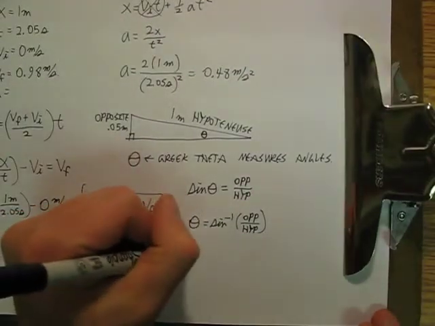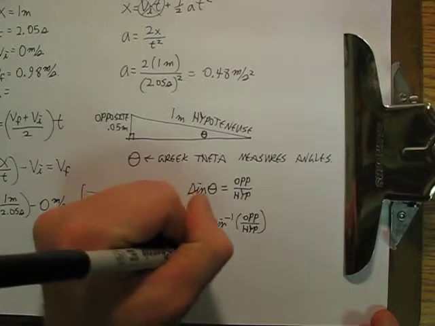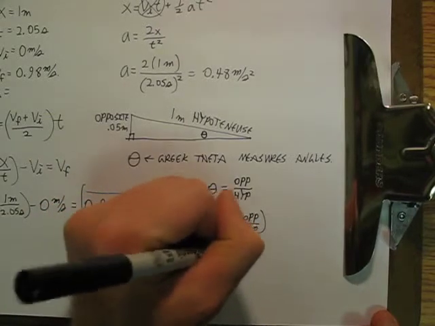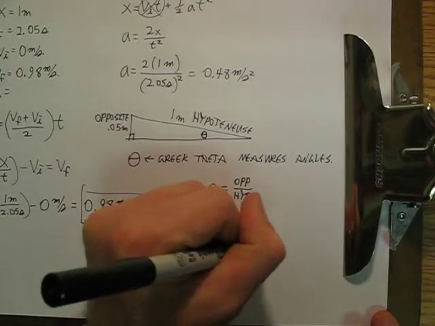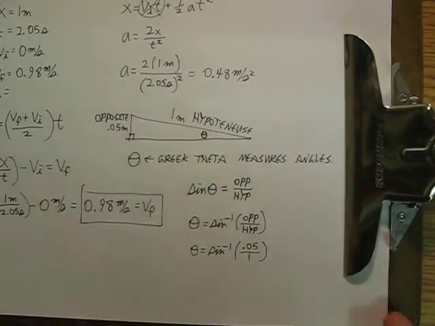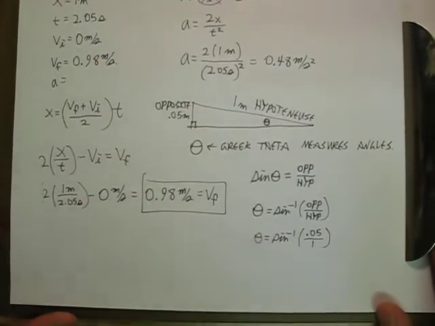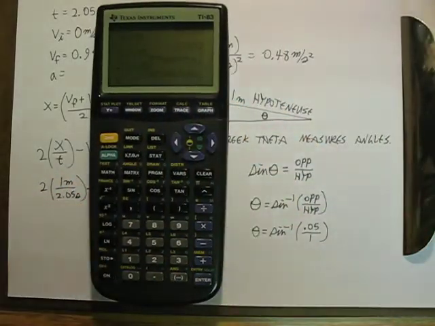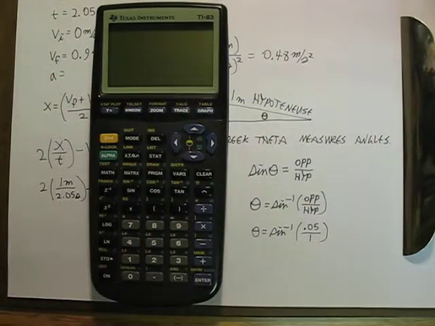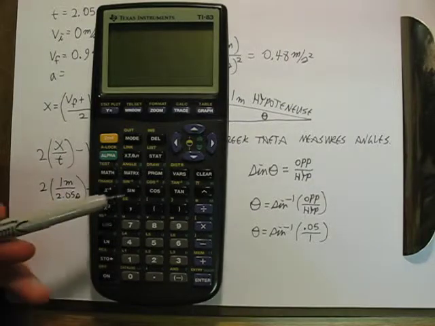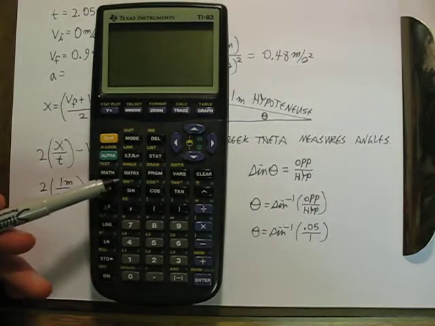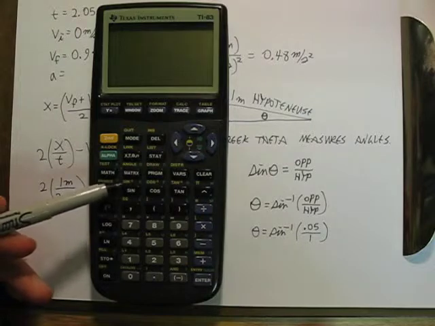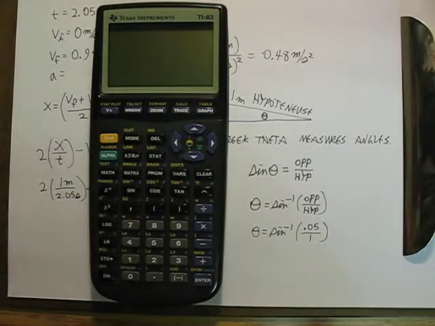So theta is going to be equal to sine inverse of 0.05 divided by 1. Now let's do that on the calculator. Watch carefully. To do sine inverse, here's my sine button right here. Right above it, it says sine to the negative 1, but I want you to say sine inverse.